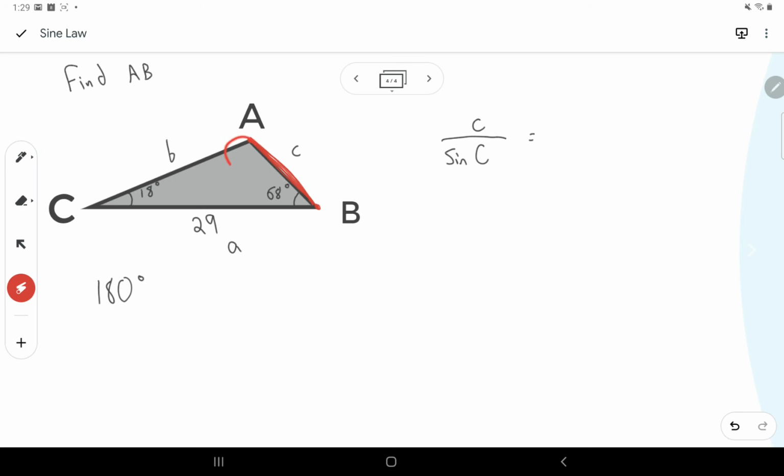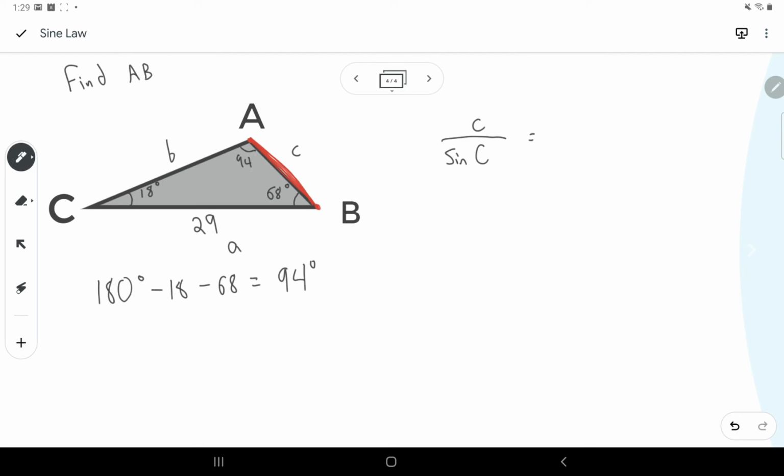So if you need the last angle because you have the other two, then whatever you add to these two must equal 180, or in reverse, if you take 180 and remove what you already have, then whatever's left over must be the last angle. In this case, that's 94 degrees.